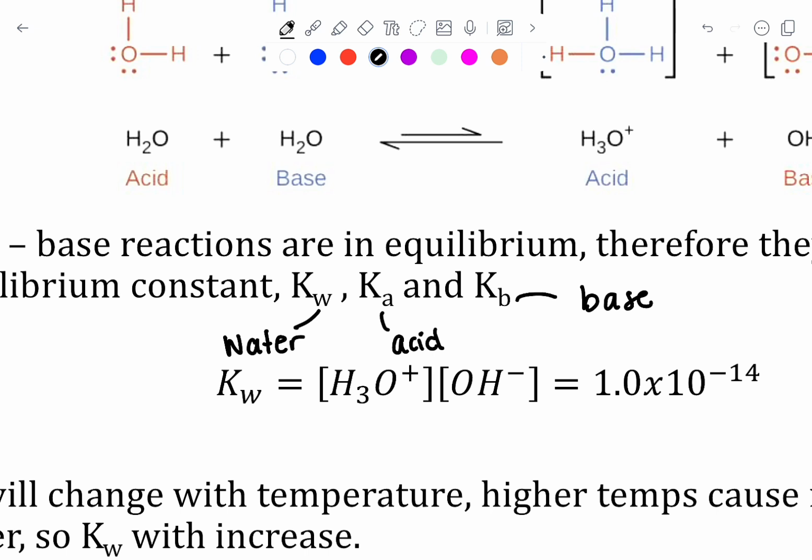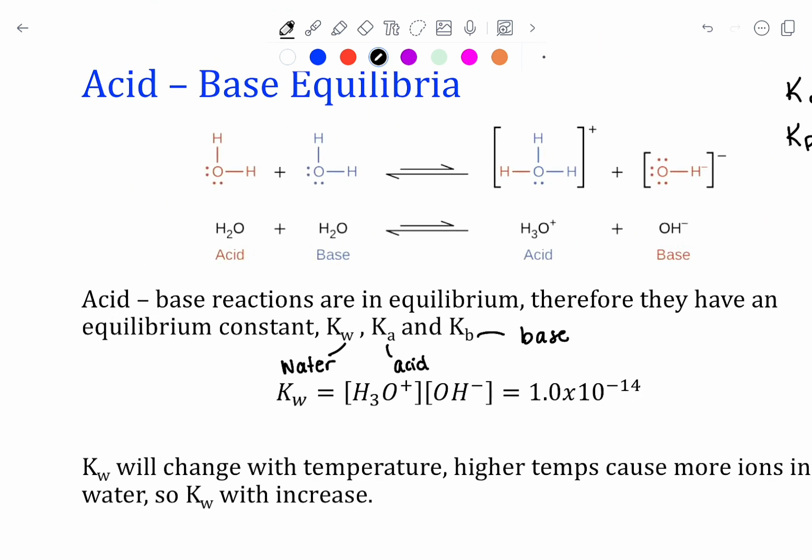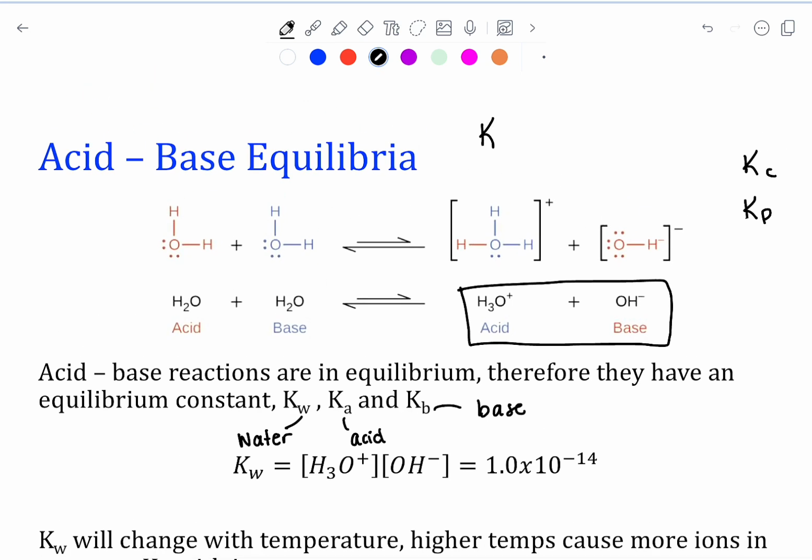So Kw, the equilibrium expression for water, is only going to come out of the product side of this reaction. Remember that any K is the concentration of the products over the concentration of the reactants. And when we're looking at equilibrium constants, we only take aqueous and gaseous products and reactants into account.